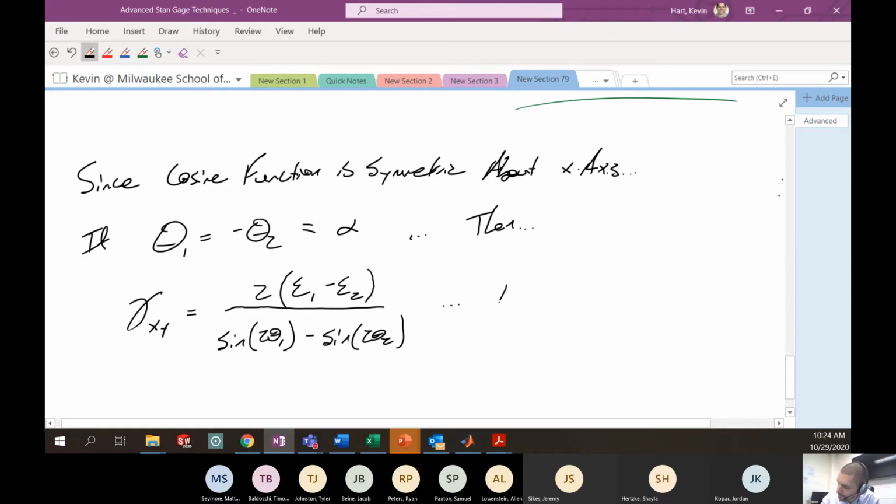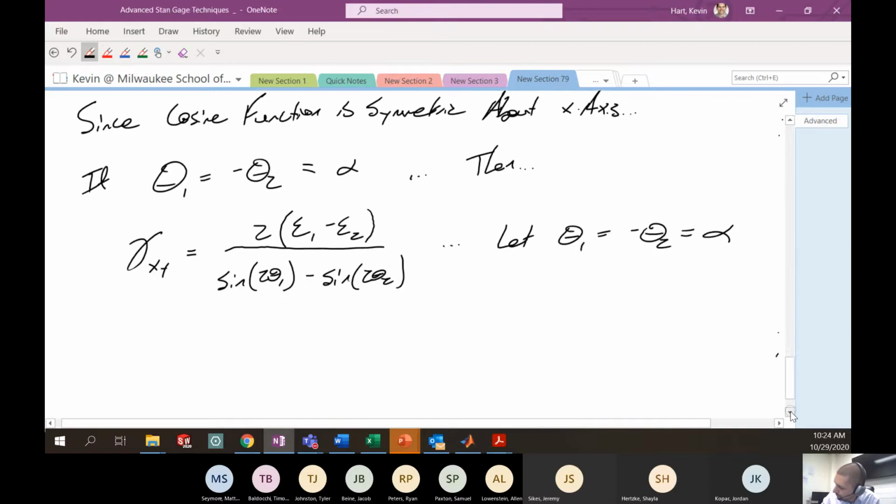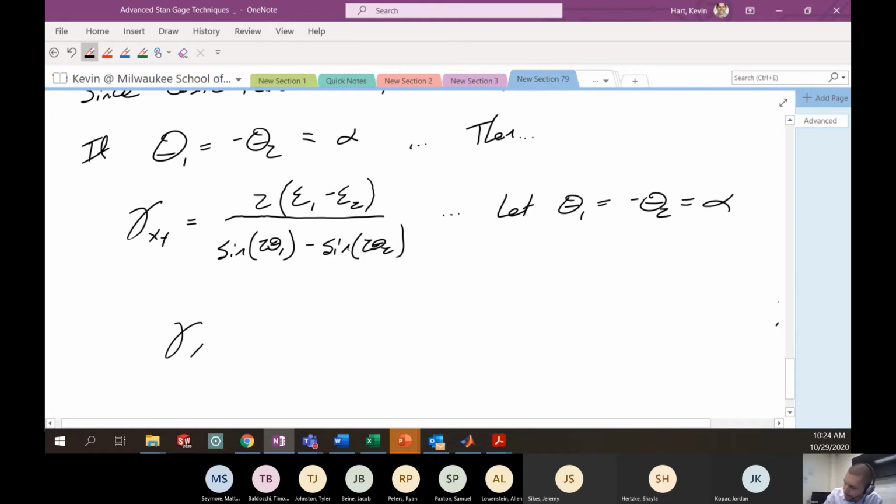Okay, so let's let theta 1 equal negative theta 2 equal alpha. And you'll have the following.